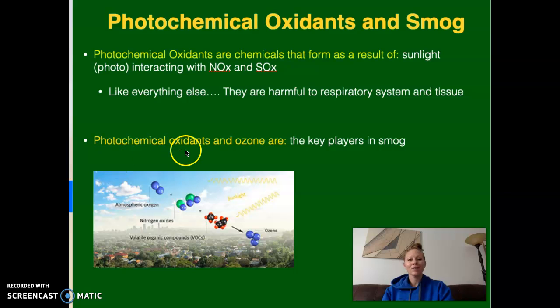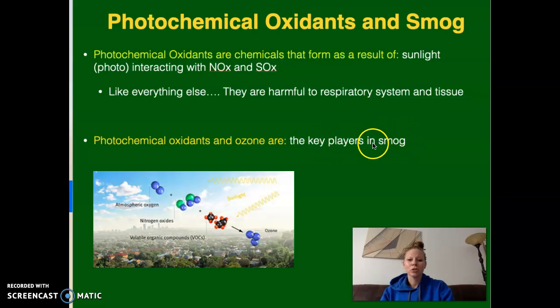And what are these photochemical oxidants? Photochemical oxidants are chemicals that form as a result of sunlight interacting with the NOx and the SOx and the particulate matter. It is going to change the character of the pollutant, and so these are your photochemical, photo meaning light, and so photochemical oxidants and ozone are some of the key players in smog.